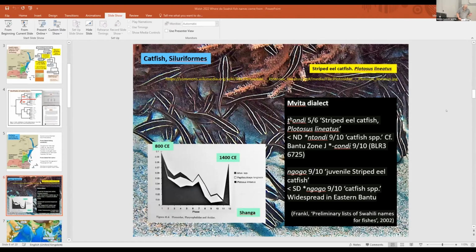And the only fish names that were carried over from freshwater to marine species were those for groups of fish that are recognizably the same across both environments, such as eels and another group, catfish. Some species of catfish are found both in freshwater and estuarine environments as well as in the sea. And these include the so-called eel catfish. Just to give an example, the Mvita dialect names for eel catfish are both inherited Bantu terms, Tondi and Ngogo. They have a longer history.